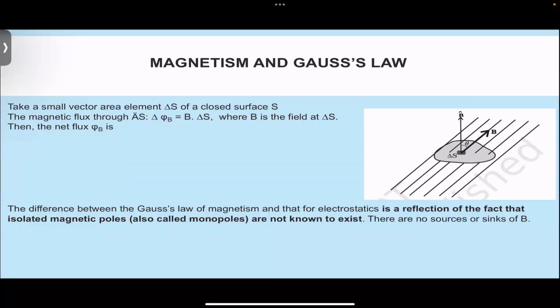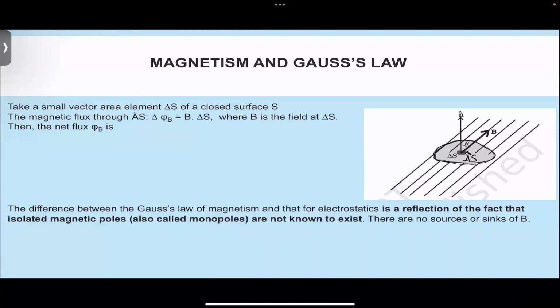To understand Gauss's law with respect to the magnetism of a bar magnet, we consider a small area element del S, with a magnetic field associated with it. This is your entire closed surface, and this is your del S, the small area element that we are considering.